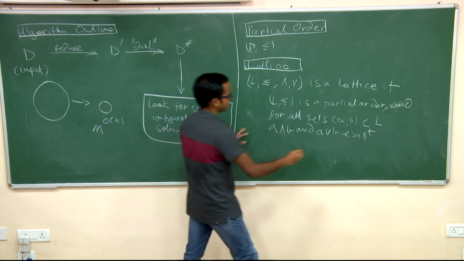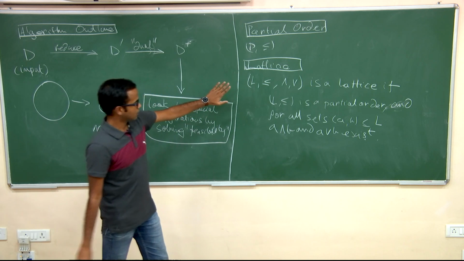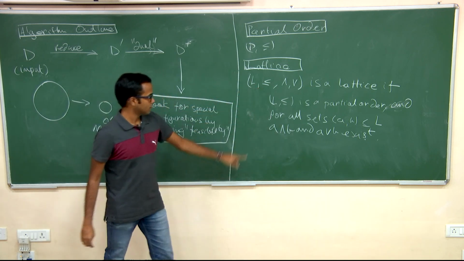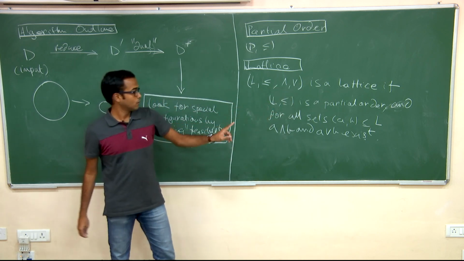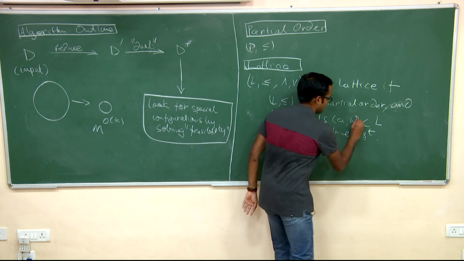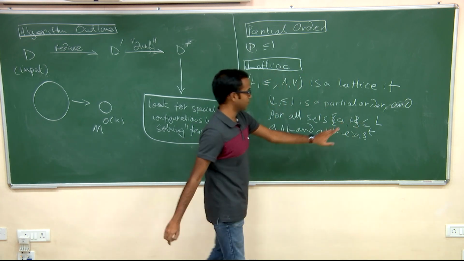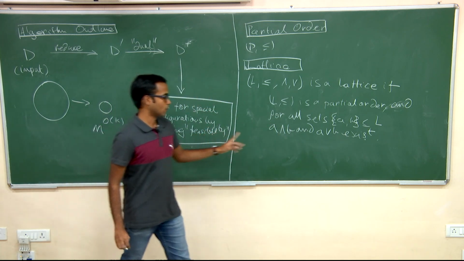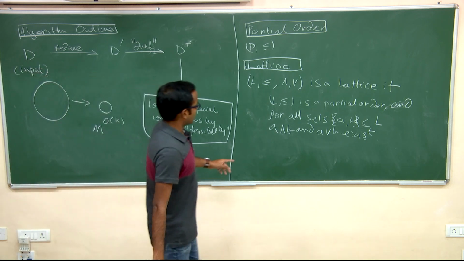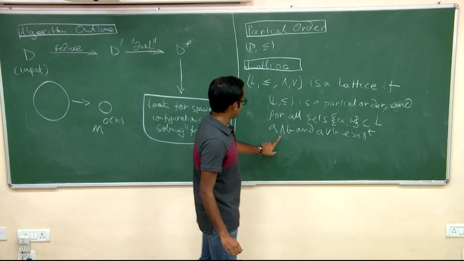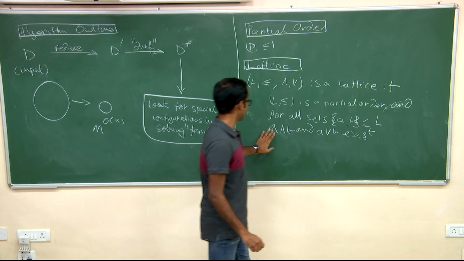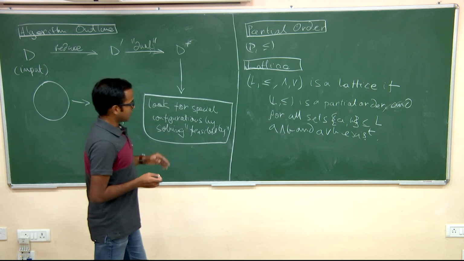This is the definition of a lattice. It's basically just a partial order, but with these two special functions on sets of two elements. These sets have to have exactly two elements, not less than two, and not more than two, exactly two. For sets of exactly two elements, these two things exist. And what are they?